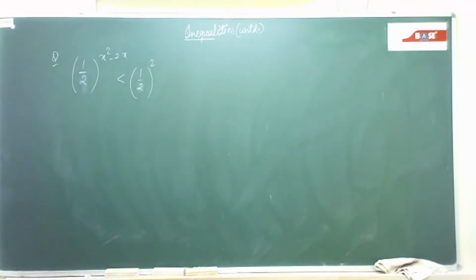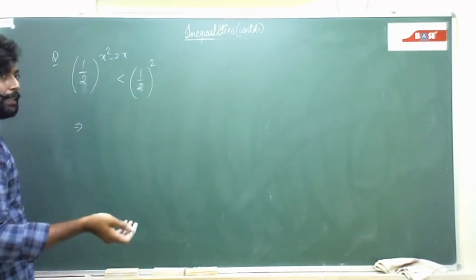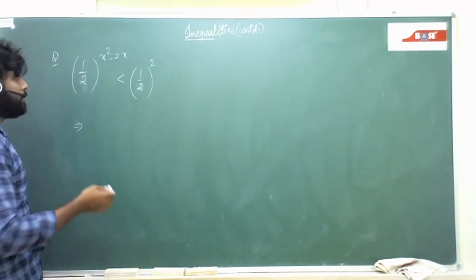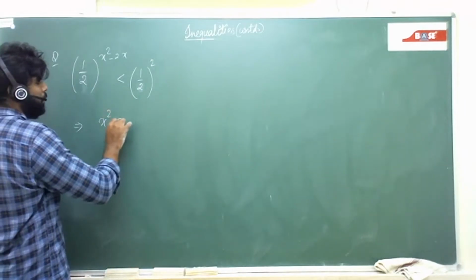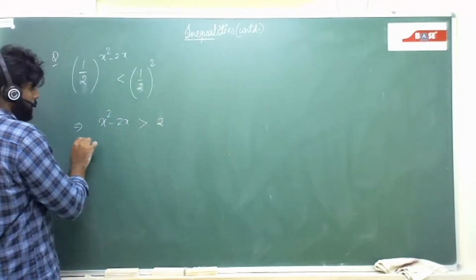Very simple question. You need to get the idea. As the base of the exponent is less than 1, it is monotonic decreasing again, right? So if we compare, the inequality sign will change. So it is finally 2.